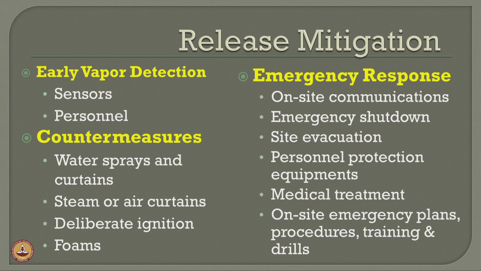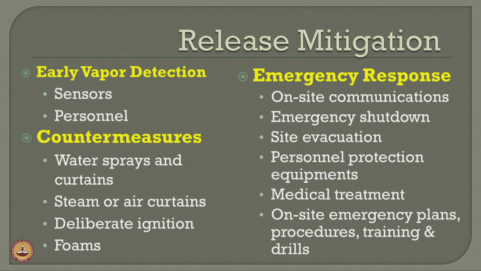It is important that one can improve effective on-site communications. One should also plan for and be ready with emergency shutdown processes in a given system, and one should have a very clear site evacuation plan, so that personnel safety becomes more important. One should get trained with personal protection equipment. One should have first aid and detailed medical treatment facilities available on site in case of any emergency occurrences in such releases.